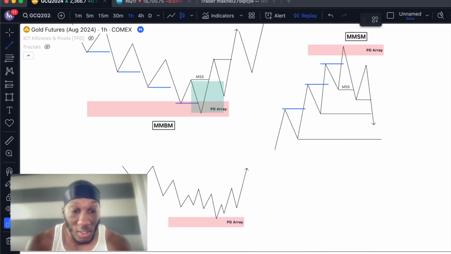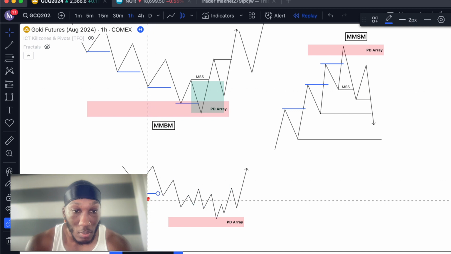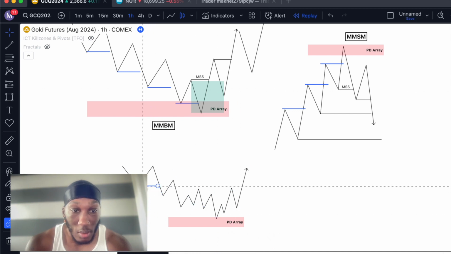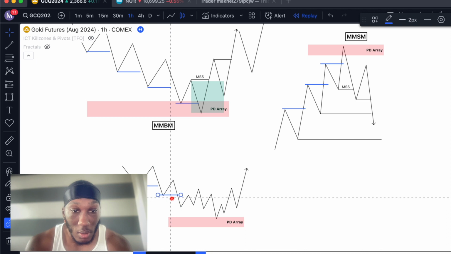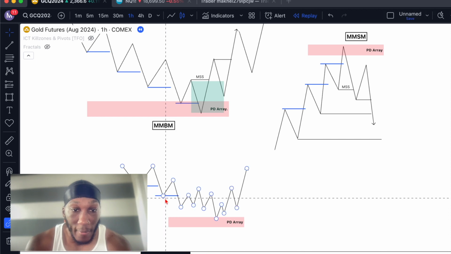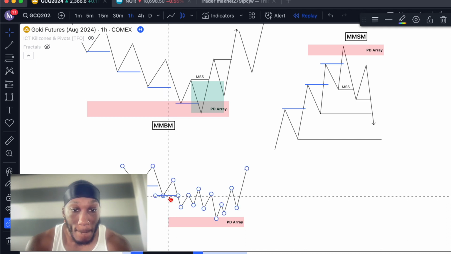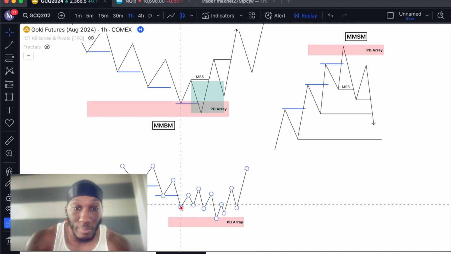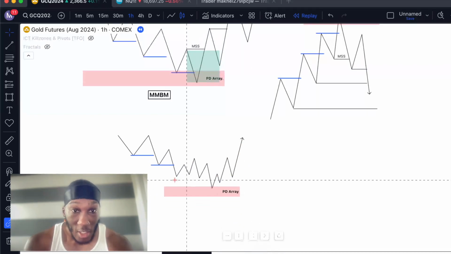So once this is the liquidity sweep right here, lows are being broken again. Lows disrespected. Lows disrespected. Oh shoot, this thing is hard to work with. Anyway, you get the point.